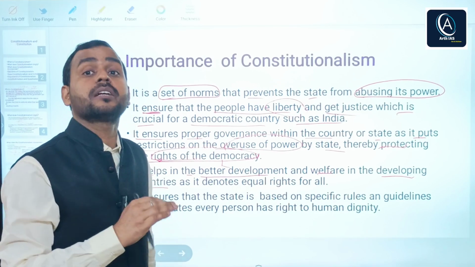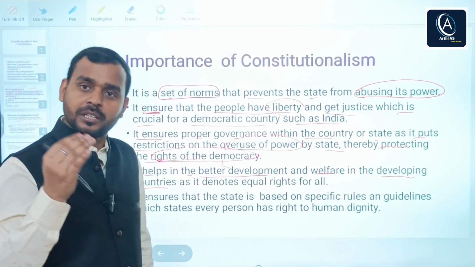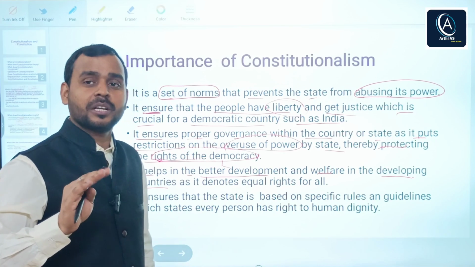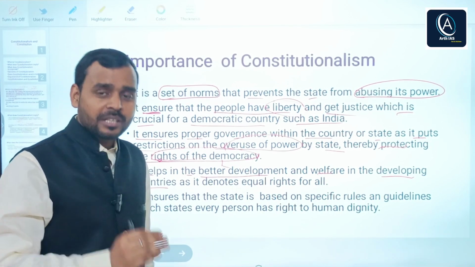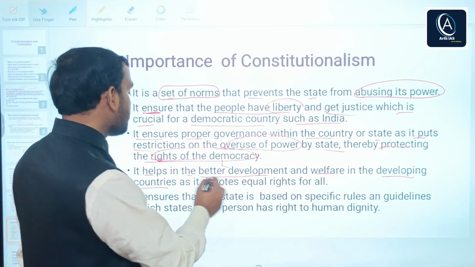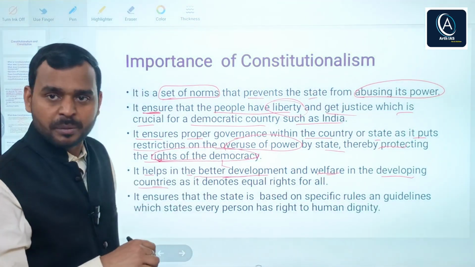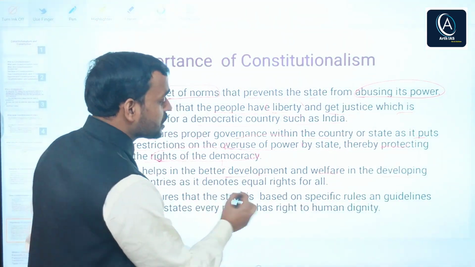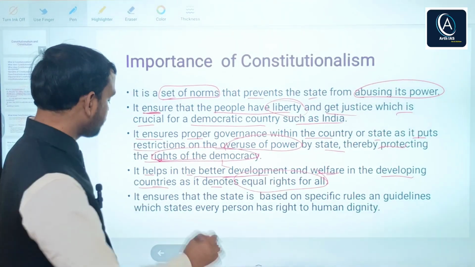Though till date we are a developing country, you can easily compare what India was in 1947 and what it is in 2025. So it helps in better development and welfare in developing countries. India is also a developing country, as it denotes equal rights for all.